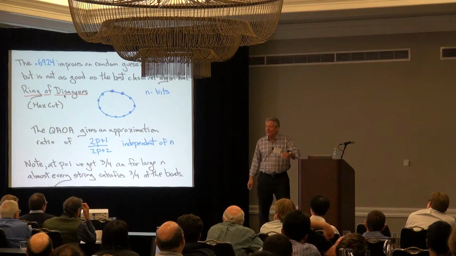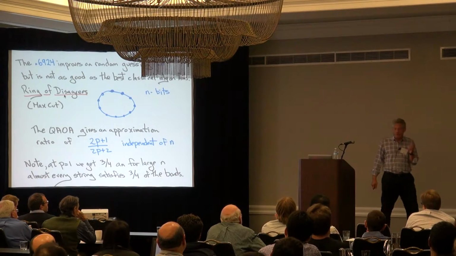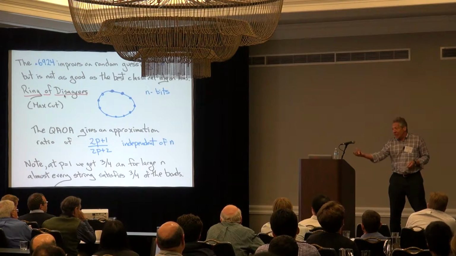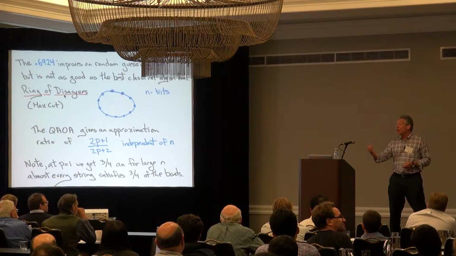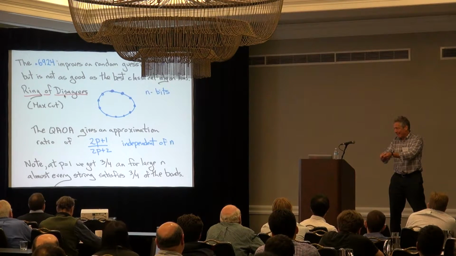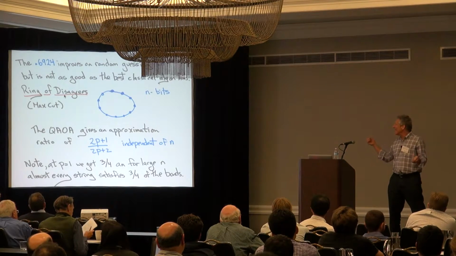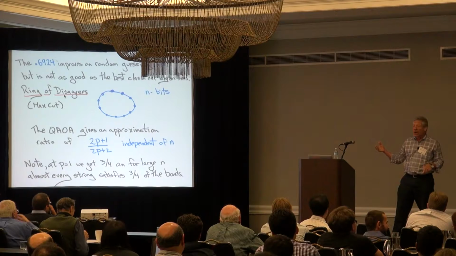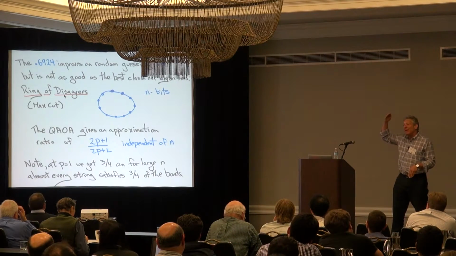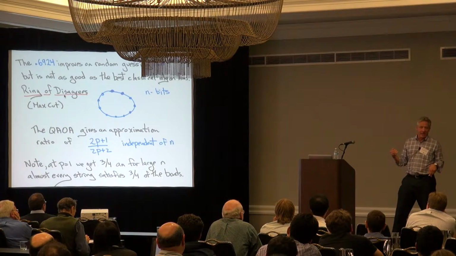So why is that interesting? Because the expected value of the cost function, I'm telling you, is 3/4 n. Well, one way you could achieve that is to have 3/4 probability of having the perfect string and everything else total crap. But that's not what happens here. What we can show is that at p equals 1, every string you output satisfies 3/4 of the bonds.